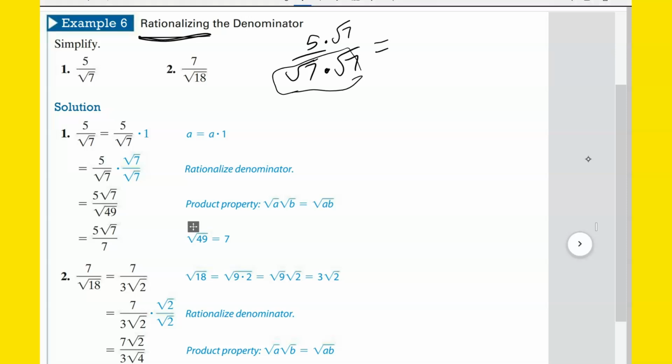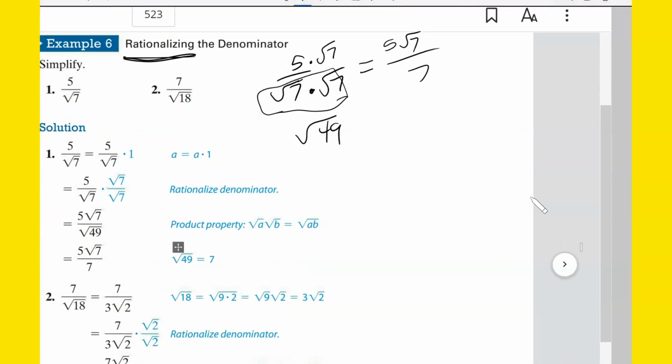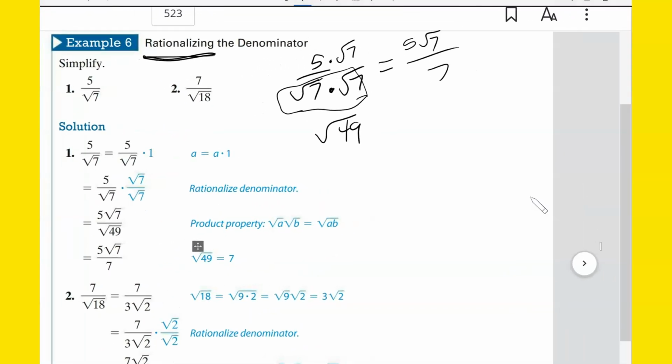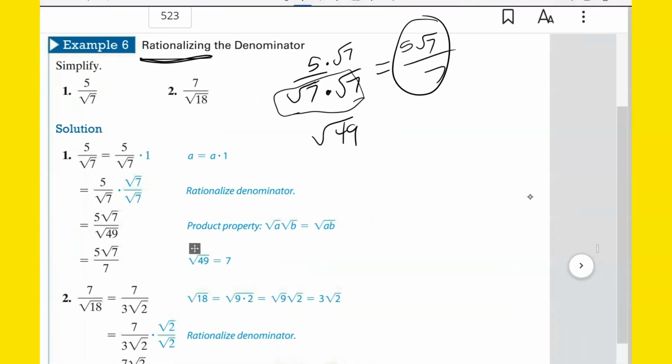The square root of 7 times the square root of 7 is the square root of 49. And we know that the square root of 49 is just 7. So I've just got a 7 on the bottom, and on the top I've just got 5 times the square root of 7. So this is the simplified answer to that problem.